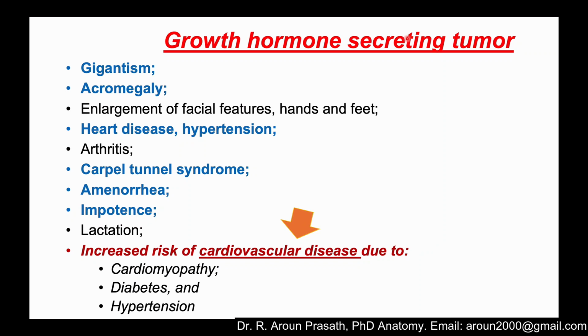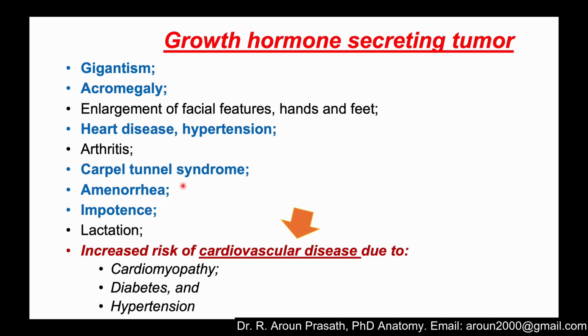If there is an increased amount of growth hormone, that can lead to gigantism, acromegaly, enlargement of facial features, heart disease, hypertension, and joint inflammation. Carpal tunnel syndrome can also occur, which is pain in the wrist, thumb, index, and middle finger.